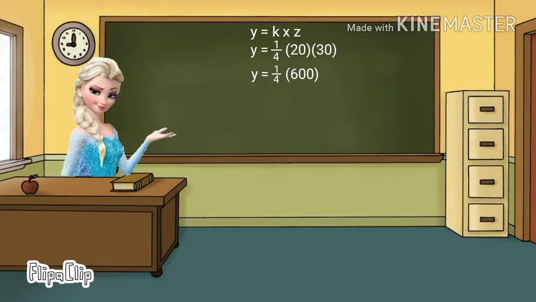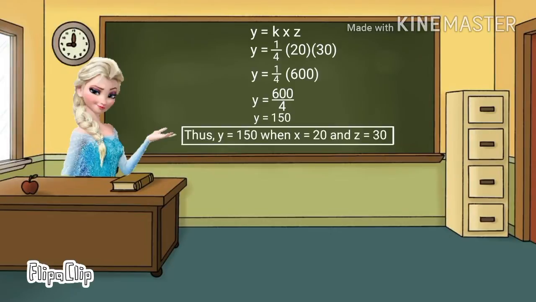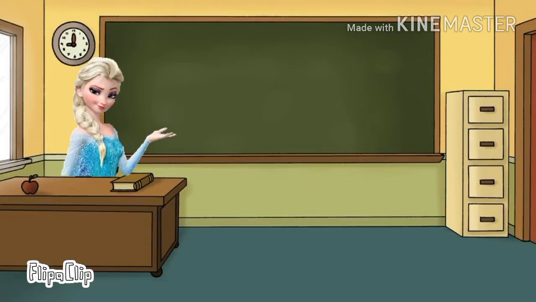After getting the product, multiply the product of x and z to k. So it would be 600 times 1/4, or 600 divided by 4. Then the result would be y = 150. Thus, y is equal to 150 when x is equal to 20 and z is equal to 30.